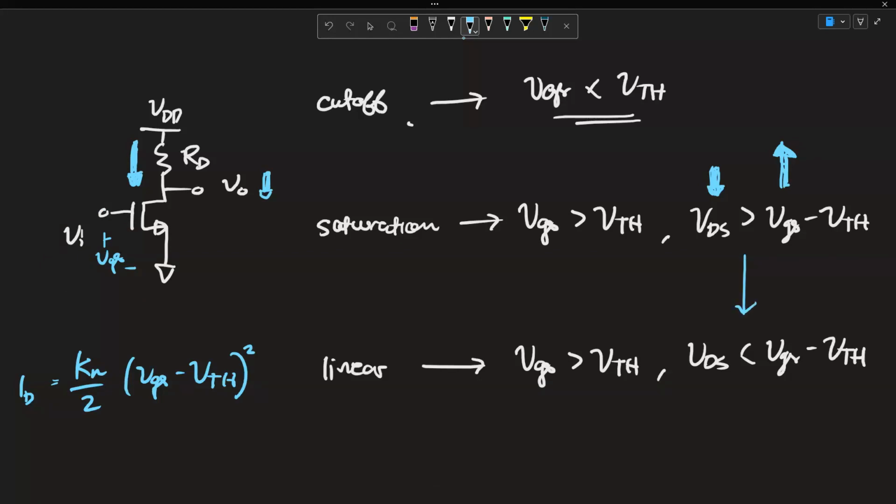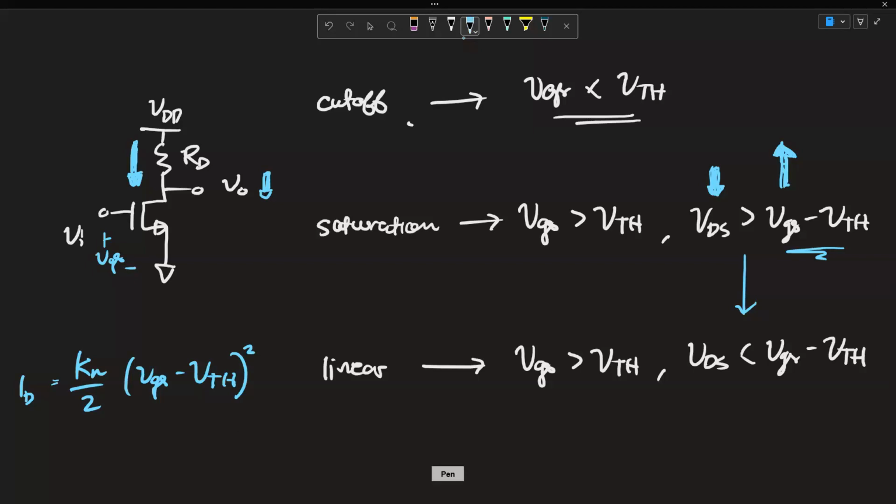In fact, the equivalent of the BJT, kasi di ba sa BJT, we want to avoid falling below 0.2. Sa MOSFET, we want to avoid falling below VGS minus VTH. So medyo mas liquid yung condition for MOSFETs, no?